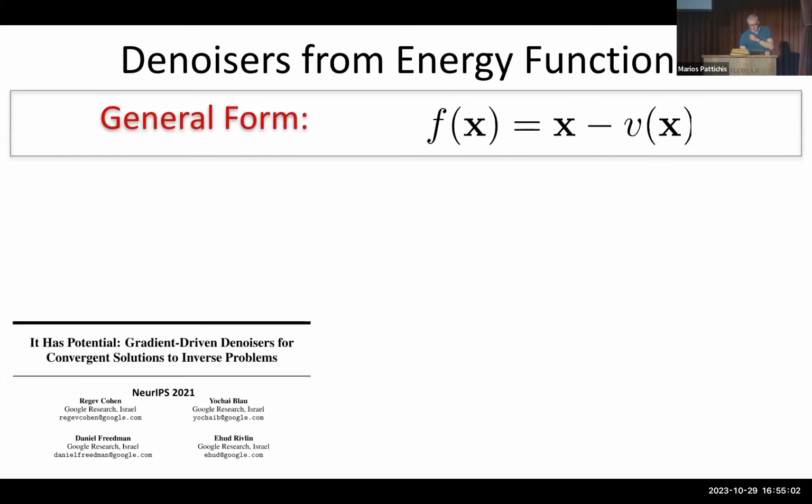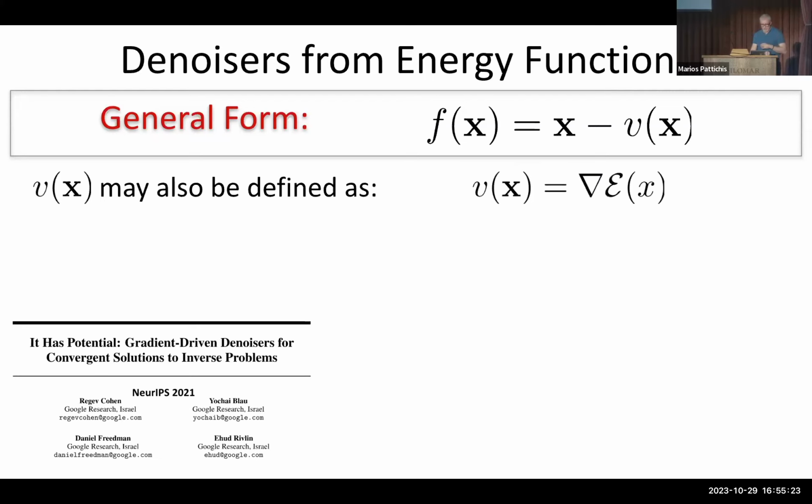And so what I'm getting at is that you can think of this even more broadly than these three frameworks that I just described. In particular, you can think about describing denoisers in terms of energy functions. So let's write this very general form where V is just some vector field. And that vector field may be defined as a gradient of some energy function.